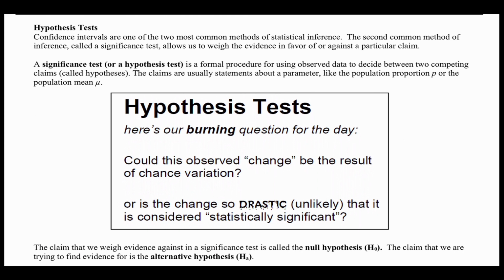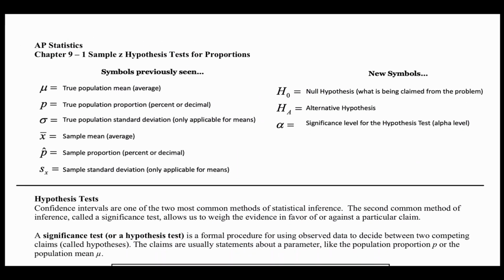So a significance test or hypothesis test is a formal procedure for using observed data, a sample, to decide between 2 competing claims. These 2 claims are called hypotheses. There's 2 of them. A null hypothesis, that's the claim, or the alternative hypothesis, which is based on the data, I think this is happening.